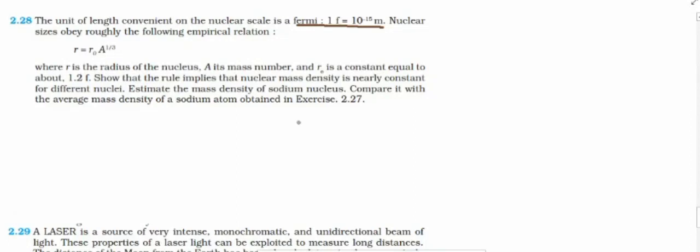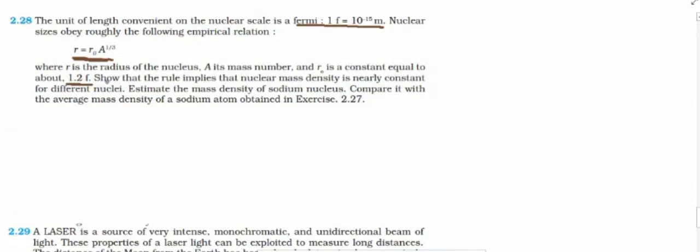You know, mass number is the number of nucleons, the sum of the number of protons and neutrons. So this is a relation connecting radius of the nucleus and mass number. R is equal to R naught A raised to 1 by 3, where R naught is a constant. The value of that constant is 1.2 Fermi.